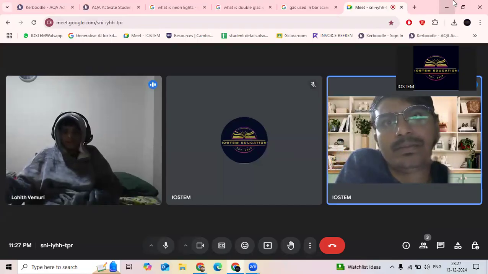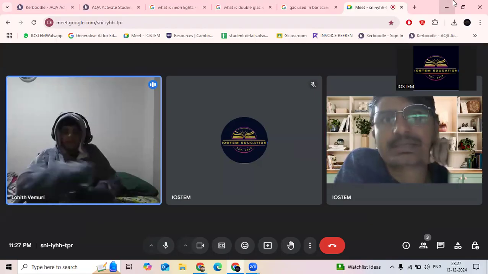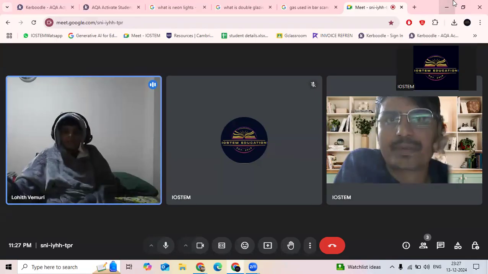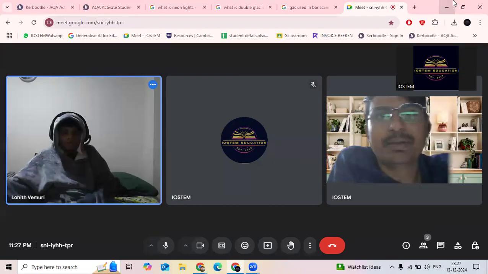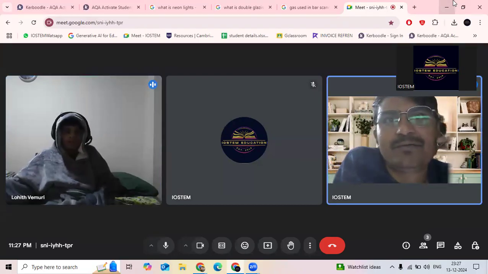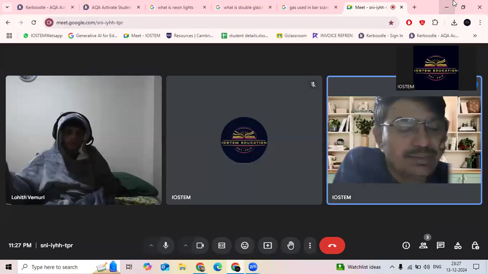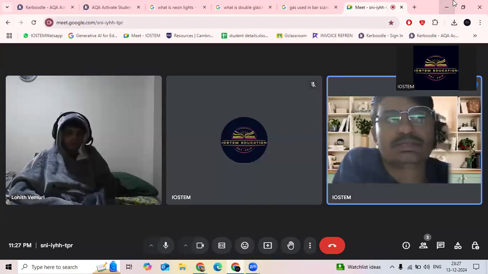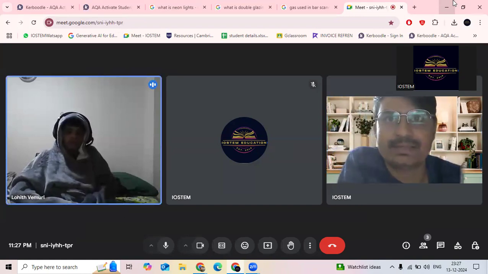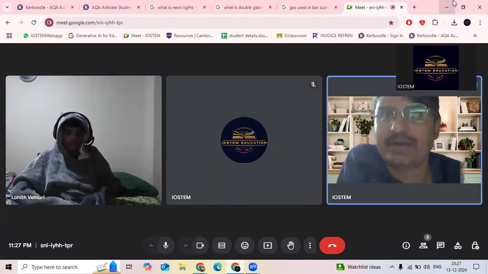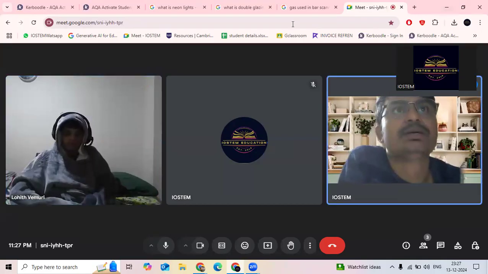Since air has more density, the balloon will remain on the earth only, right? And if we fill it with helium, it is very light compared with air, so it will go up, right? Yes, less density. Very good.